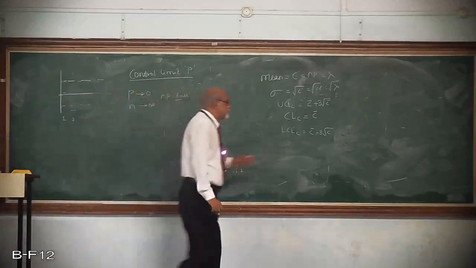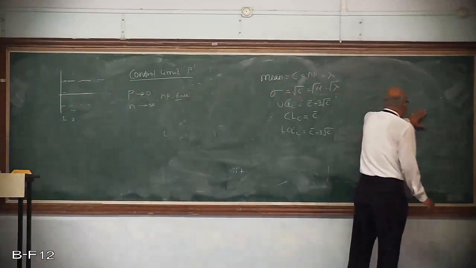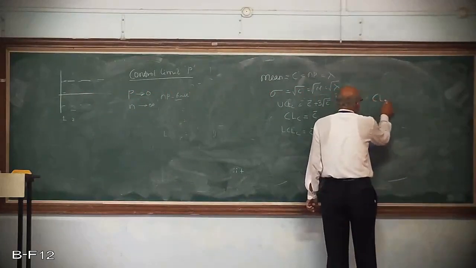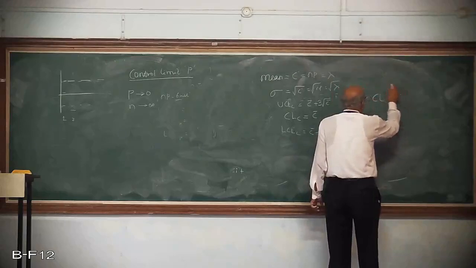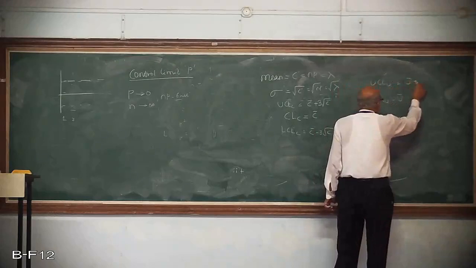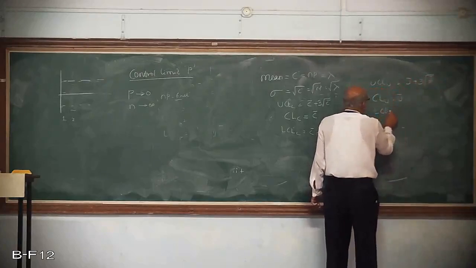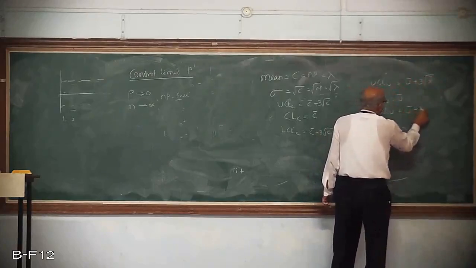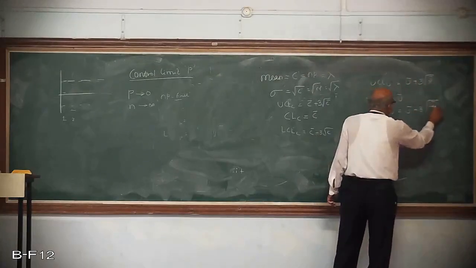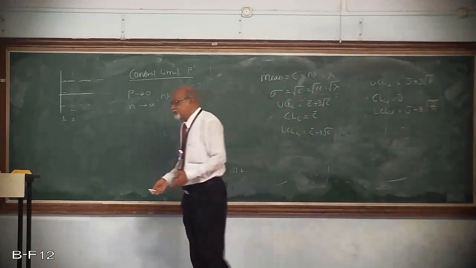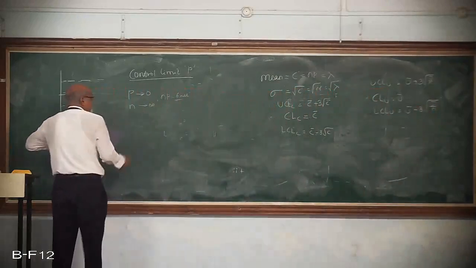Correspondingly, we can find the control limits for the U chart. Central line is U bar. Upper control limit is U bar plus 3 times the square root of U bar by N, where N is the sample size. Similarly for the lower limit. These are the control limits, so our points will move around these only.